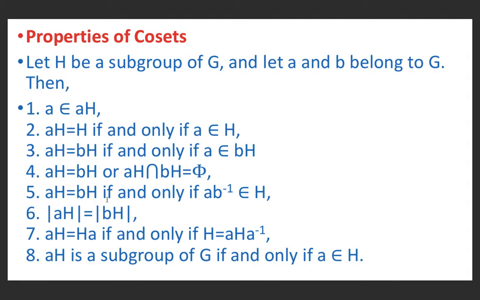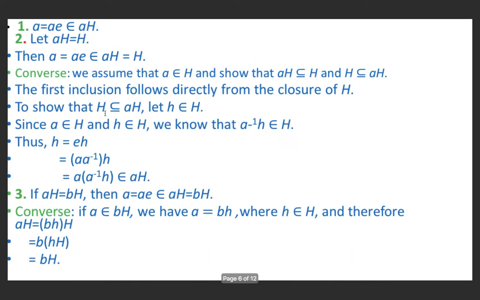Number 5, aH is equal to bH if and only if a inverse b belongs to H. Number 6, the number of elements in aH is equal to the number of elements in bH. Number 7, aH is equal to Ha if and only if H is equal to aHa inverse. Number 8, aH is a subgroup of G if and only if a belongs to H. So, in the following, we will prove all these properties one by one. So, first property is a belongs to aH.